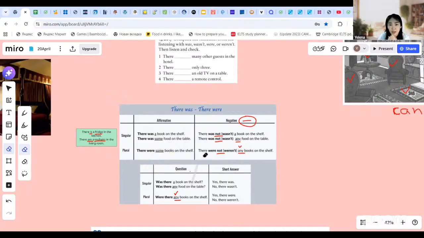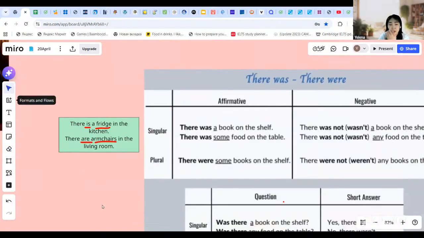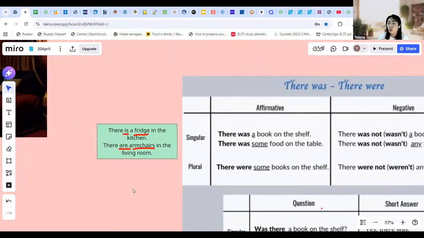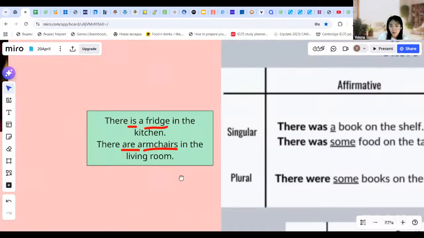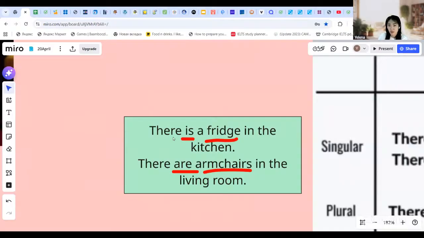I'm gonna explain to you. The main focus of the previous lesson was on grammar. For example, look at these sentences, Saihan. Can you please read them? There is a fridge in the kitchen. There are armchairs in the living room.